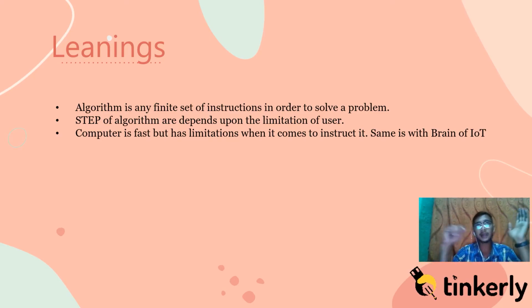You have to follow some steps in every stage. In pattern recognition you follow steps, and in decomposition too, like taking the stone to the top of the mountain. These steps of algorithms depend on the limitations of the user.